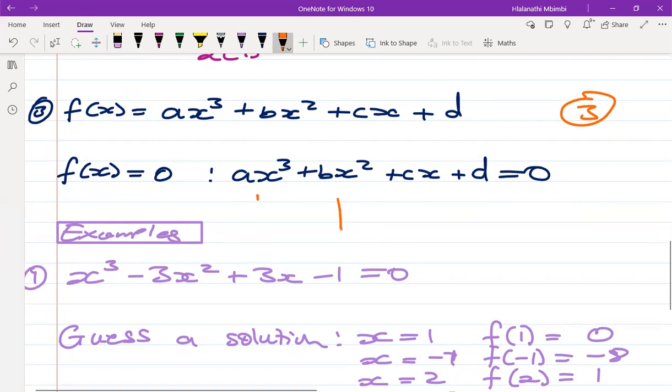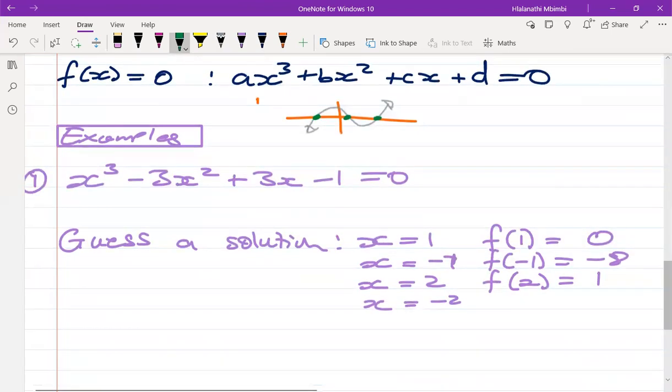So if this was a function like this, by letting y equal to 0, you are looking at these points. You are looking at the x-intercepts where this is 0. So if you guess an x value and you get the function equal to 0, that's your x-intercept. Y is 0 for an x-intercept.